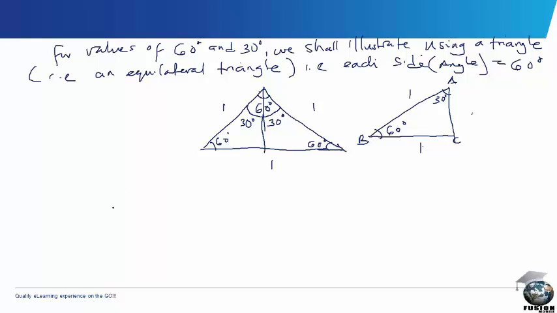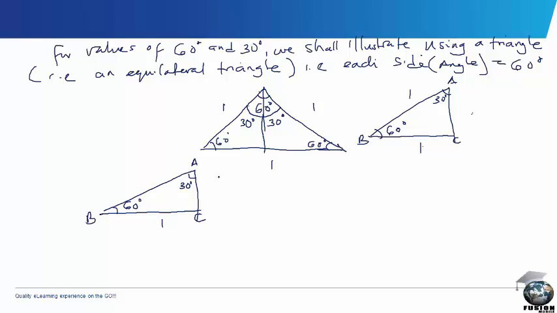So I simply have this triangle and a missing side now. 60 degrees, 30 degrees, I have a missing side.